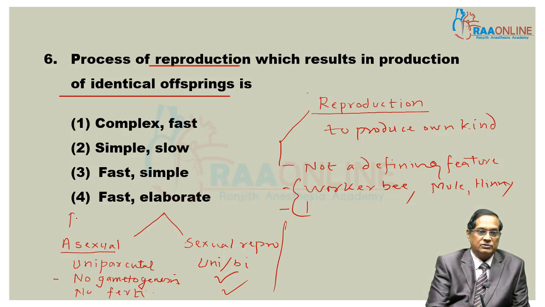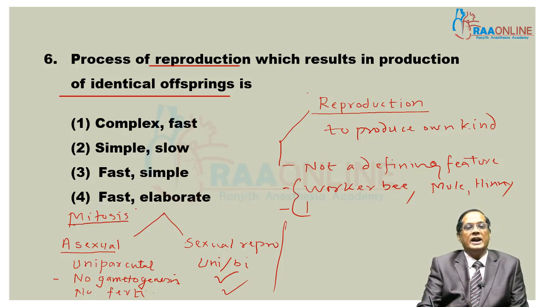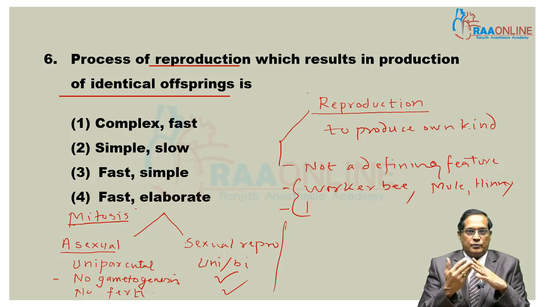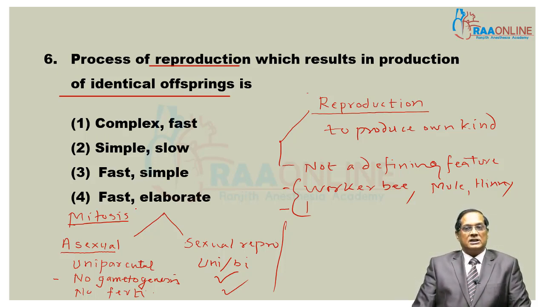In asexual reproduction, only mitosis takes place. And mitosis results in the formation of identical progeny. As a result of mitosis, the progeny are very similar among themselves as well as similar to parents also.